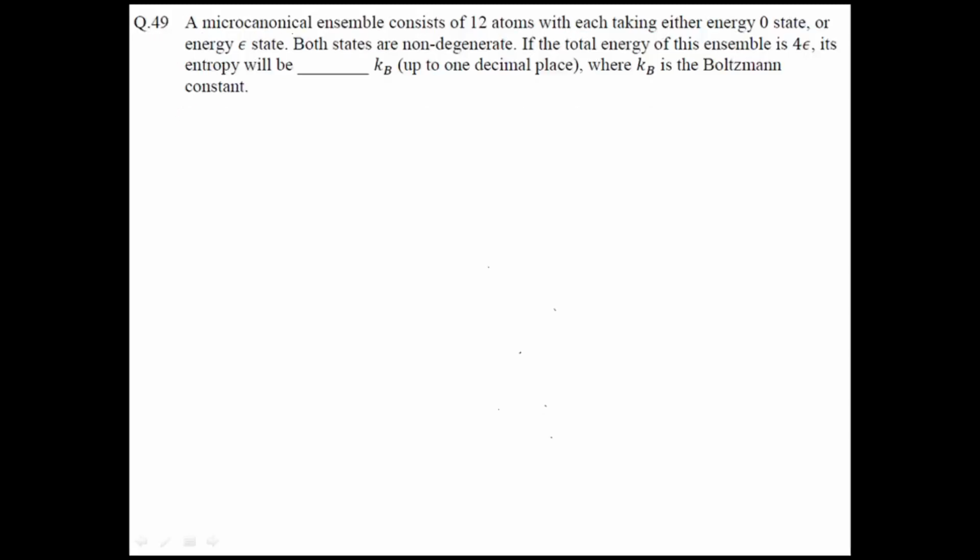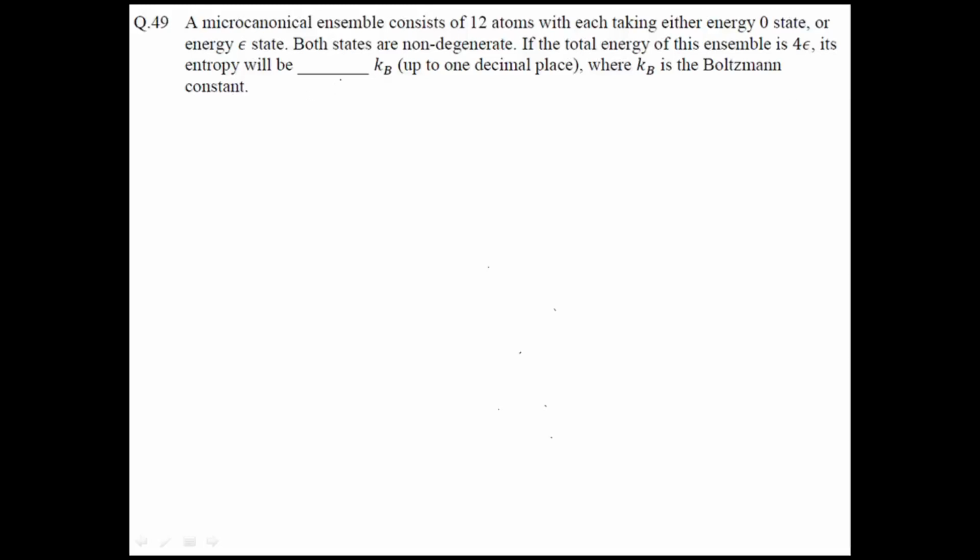Question: a microcanonical ensemble consists of 12 atoms, each taking energy 0 state or energy E state. Both the states are non-degenerate. If the total energy of this ensemble is 4E, its entropy will be dash in Kb, where Kb is the Boltzmann constant.